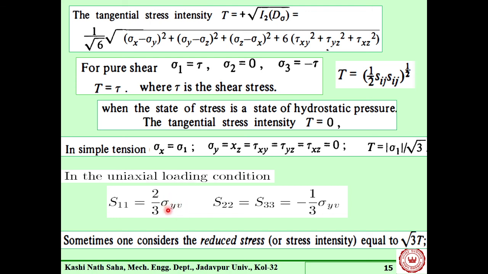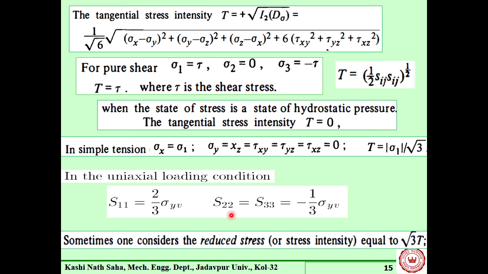Sigma YV is the sigma yield value, because in uniaxial tension, the maximum value we can reach is the yield stress. And what are the other two diagonal components? Minus 1/3 of sigma, that is, P by 3 minus P. So this is the condition.